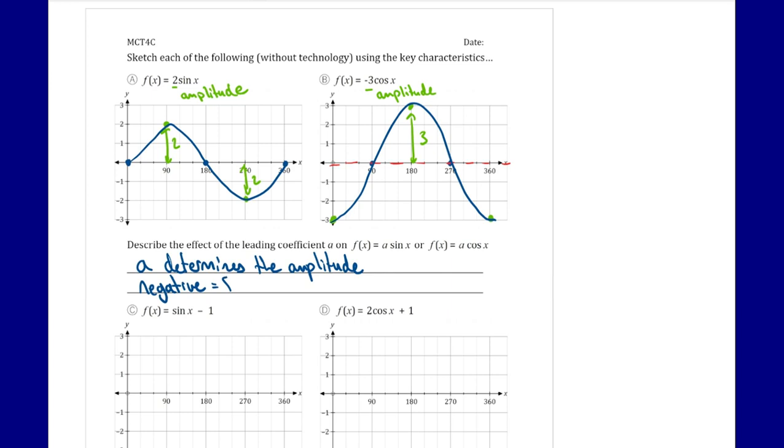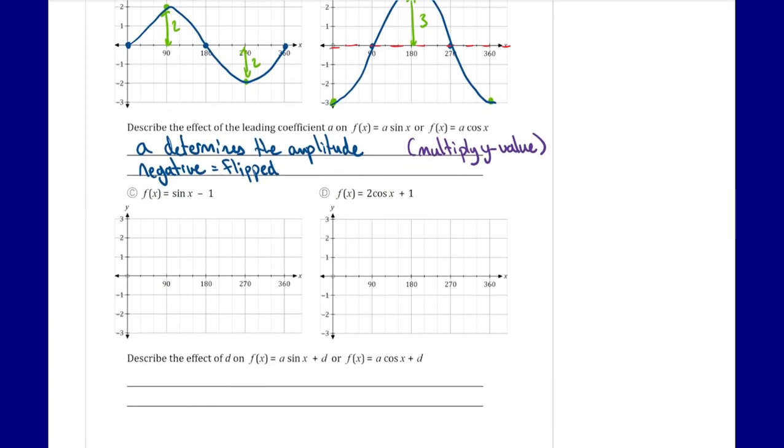So negative means that it's flipped. It's the opposite of our base function. It's going in the opposite direction. And I'm going to add a little small thing. Essentially, what we're doing to the individual values is we multiply the y value by A. And we'll come back to these little changes at the very end when we look at some more difficult ones.